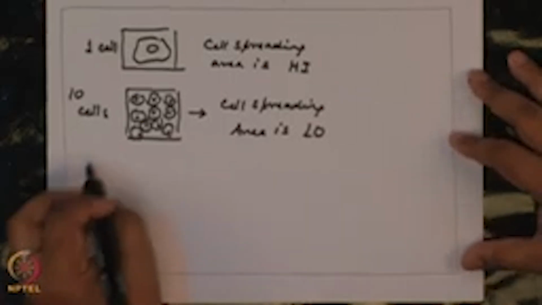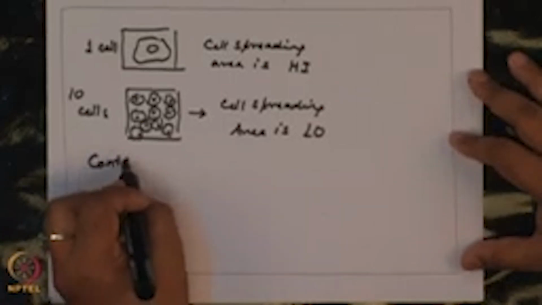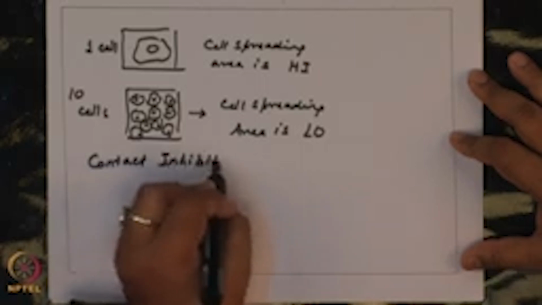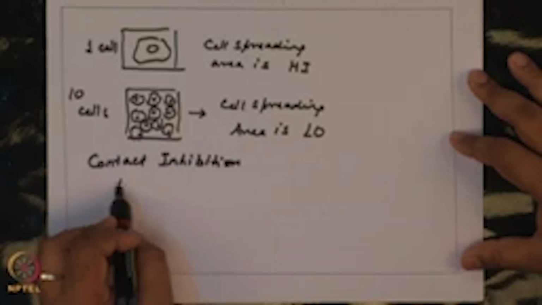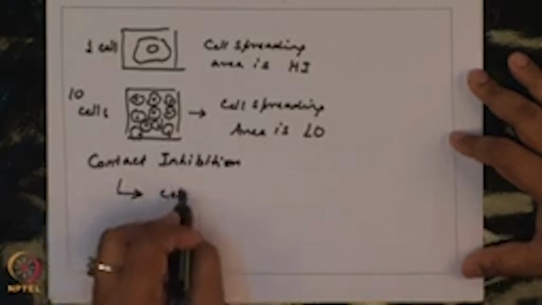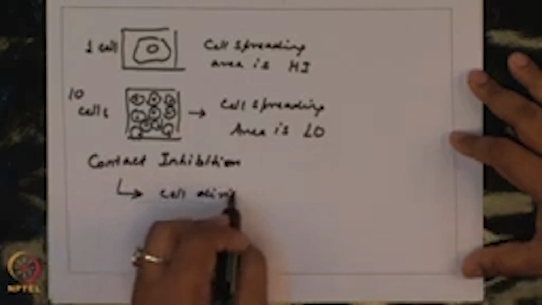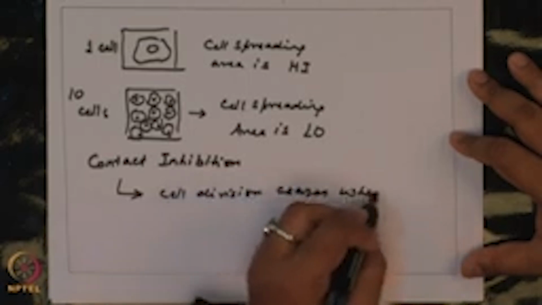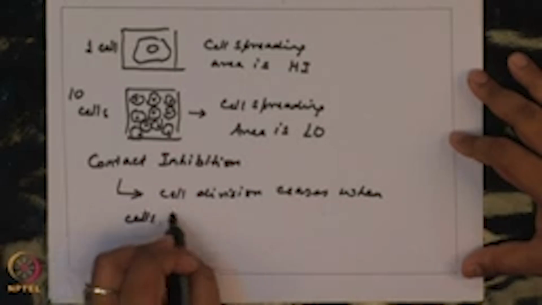Also, you have this phenomenon called contact inhibition, in which cell division ceases when cells contact each other.